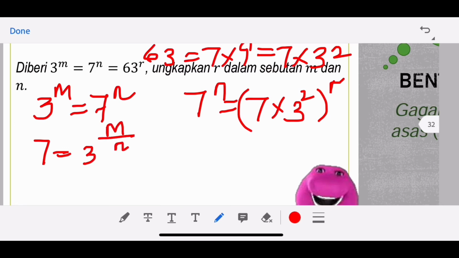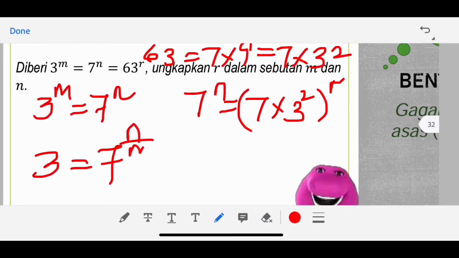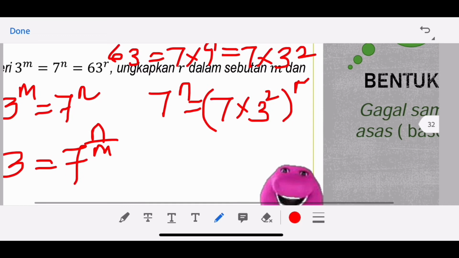So it seems like I prefer to write 7 as 3 to the power of m over n. But some of you might say you want to write 3 is equal to 7 to the power of n over m. Is better, right? Because we actually only have one 3, so we just substitute once. So I write 3 as 7 to the power of n over m, then I substitute.